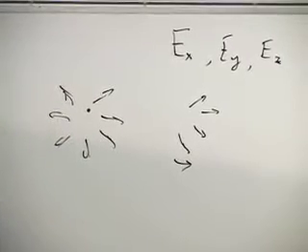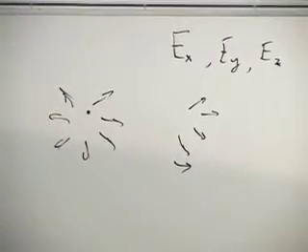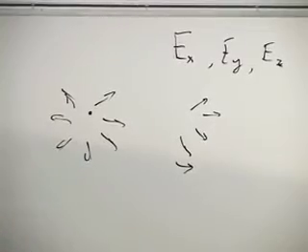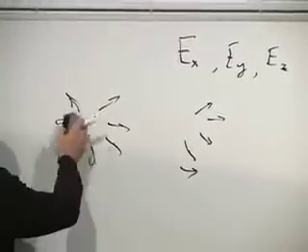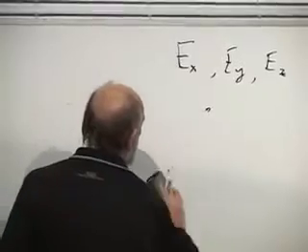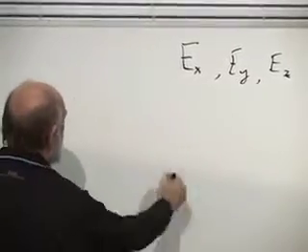Now the mathematical expression that represents this tendency of the vector field to point away from a point like that is called a divergence.